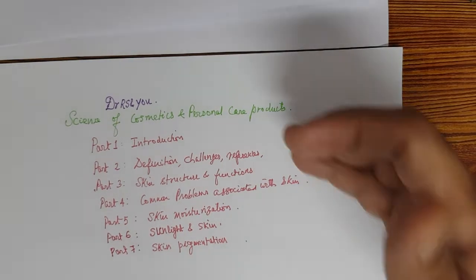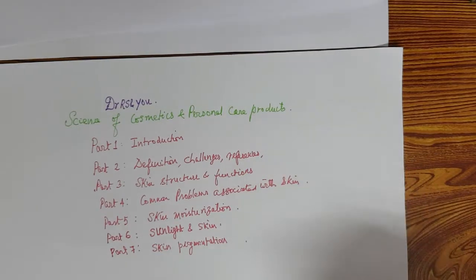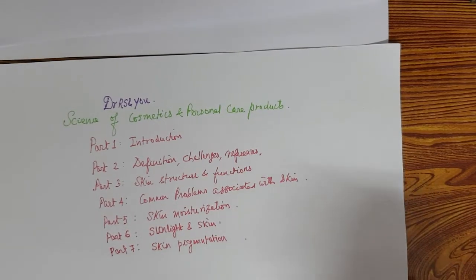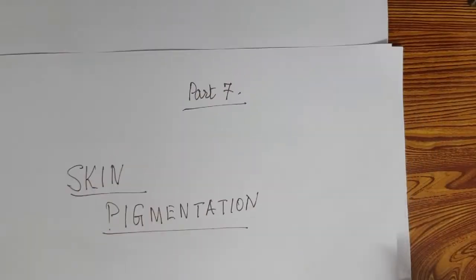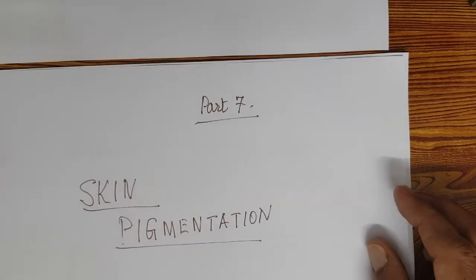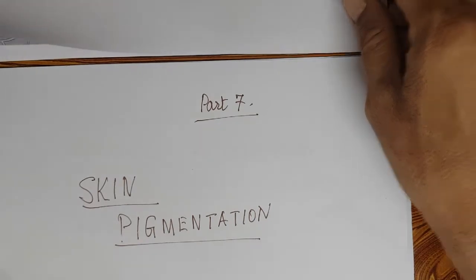It will be good for you if you go in a sequential way, 2, 3, 4, 5, so that it will be easy for you to understand. Today we will be discussing skin pigmentation, part 7 of our video.